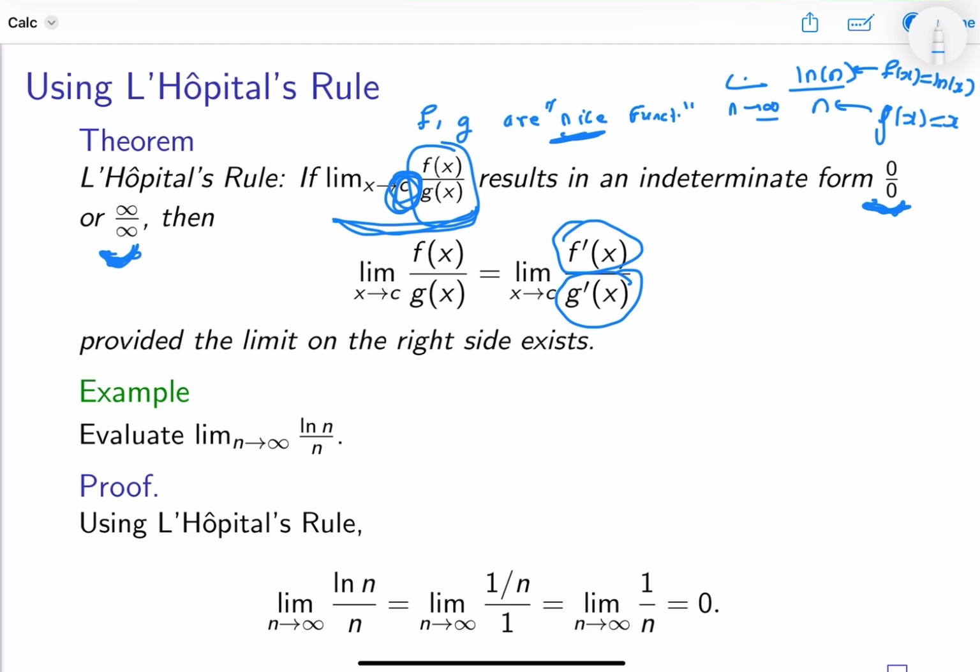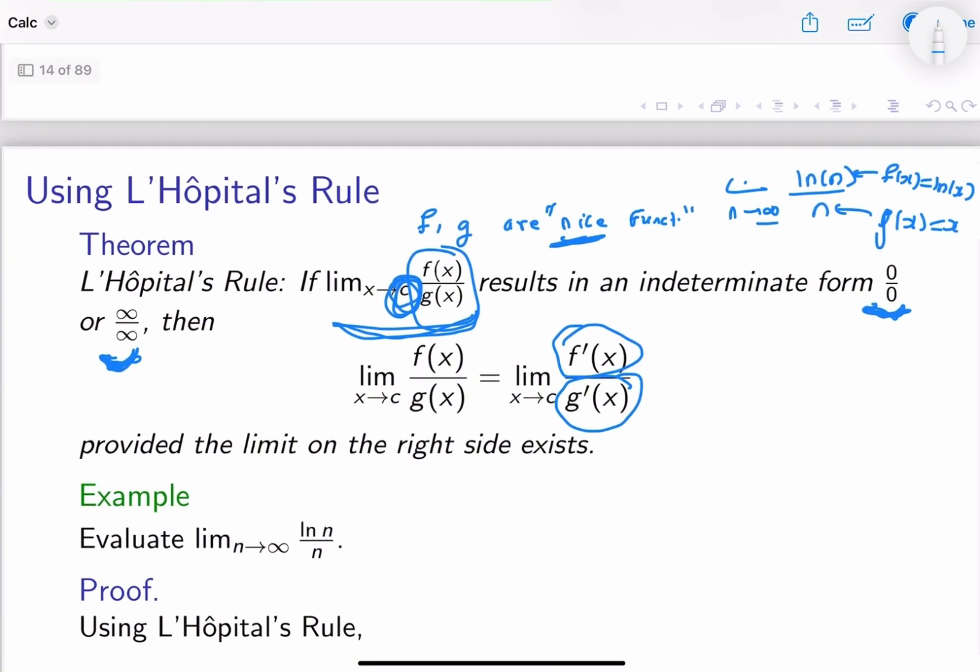So why is this theorem important, and what is it really saying? Let's take a quick example to make things clear. Say we have the sequence a_n equals log of n over n, and we want to compute the limit of a_n as n tends to infinity. The first thing to try when computing limits is to see what happens if you quote-unquote plug infinity there.